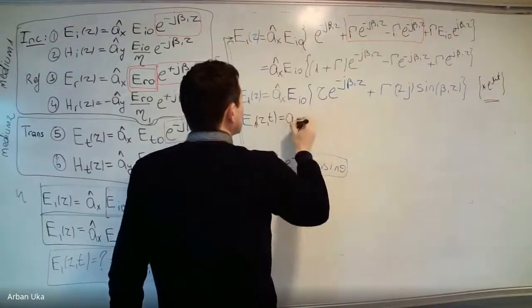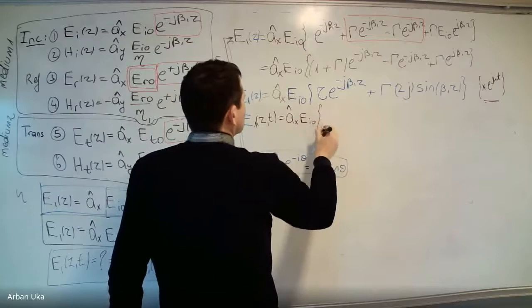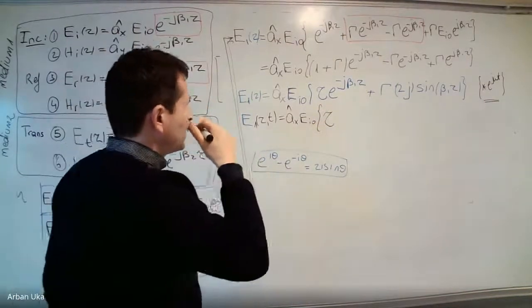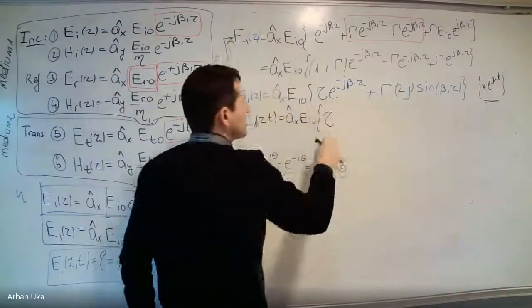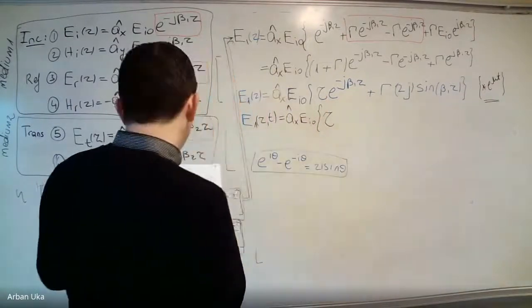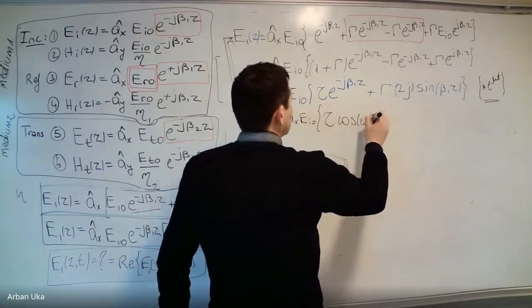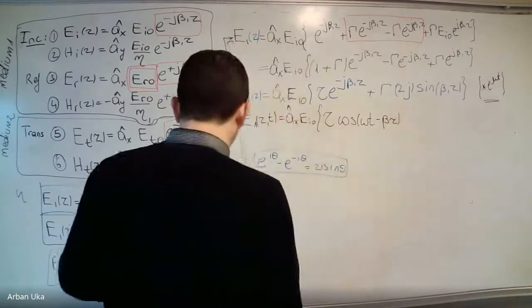We get a_x times the amplitude times tau stands here. And this is e to the power j omega t minus this. What is the real part? It is cosine omega t minus beta z.